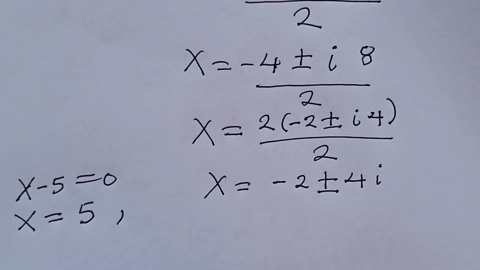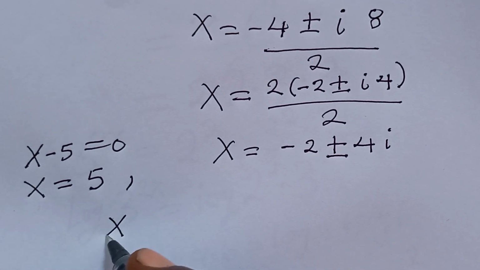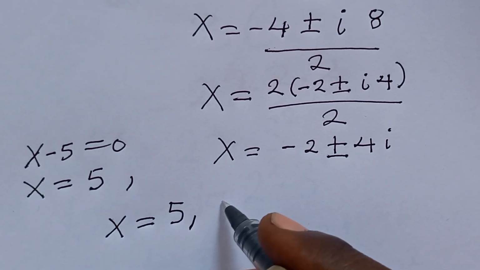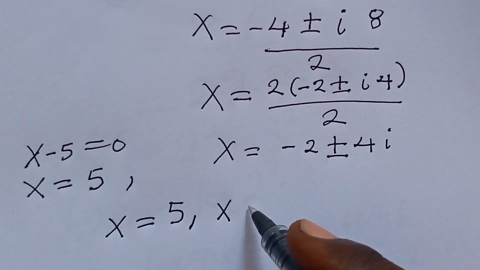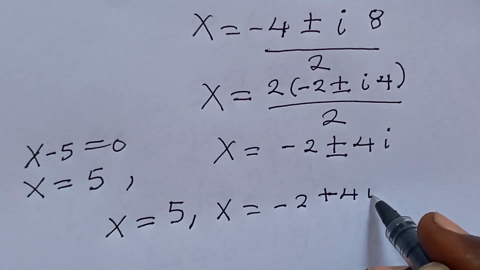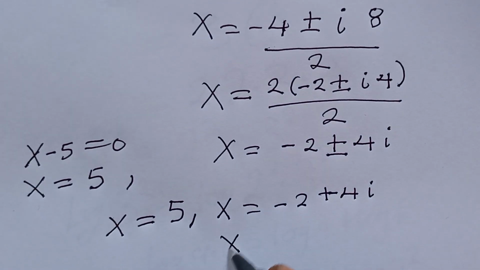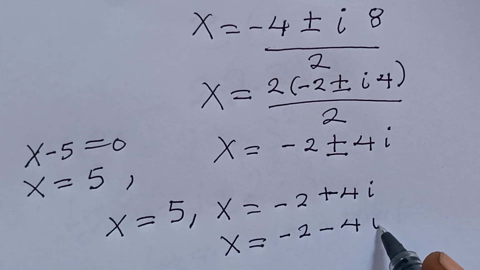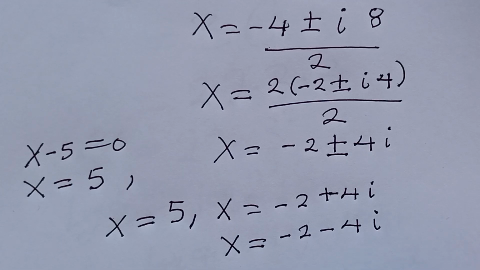That is, the solutions we have are x is equal to 5, x equal to minus 2 plus 4i, and x equal to minus 2 minus 4i. So we have 3 solutions to this particular question, 1 real solution and 2 complex solutions.